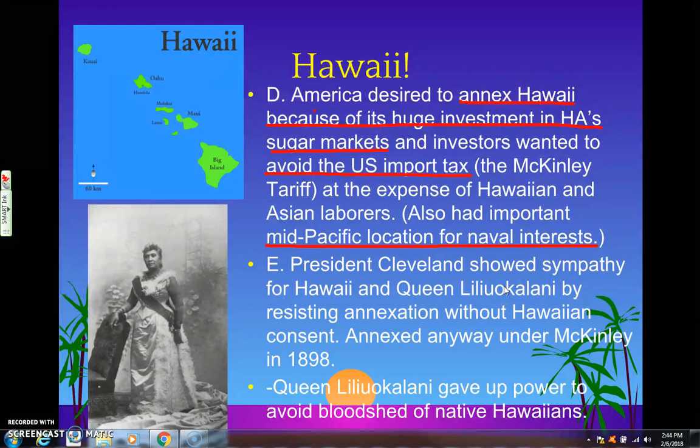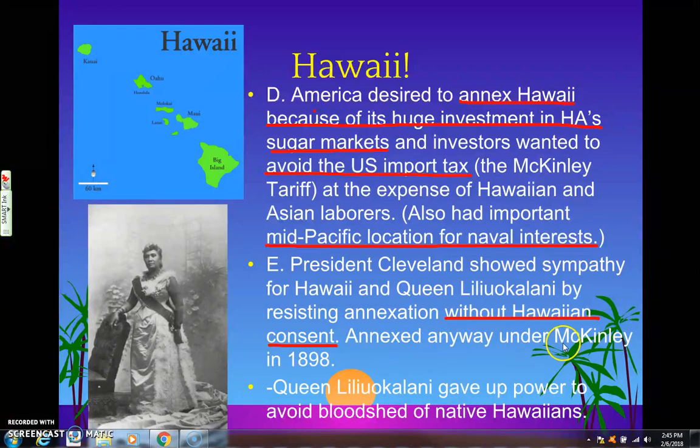There's an early attempt by President Cleveland because of some resistance that is shown. Hawaii resists. Hawaii does not give consent to be annexed under President Cleveland, and he shows sympathy by backing away from the table.